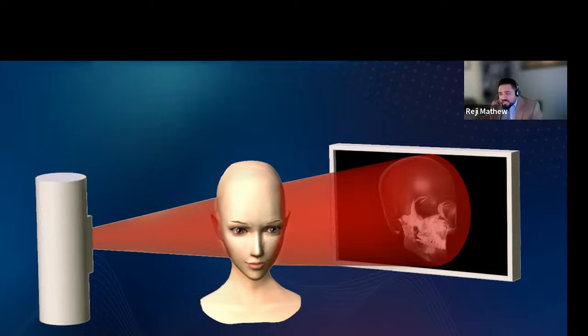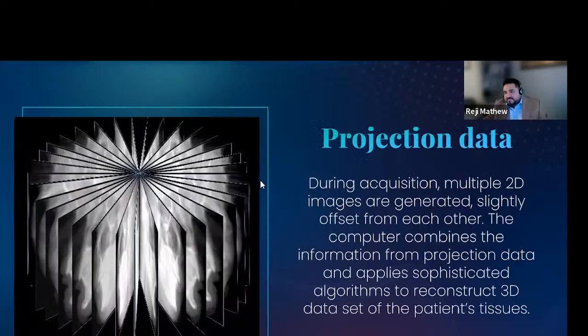So this is what happens. Multiple sequential images are created, almost close to 150 to 500 images. All these single images are called raw images or basis images. They're combined together to form projection data.